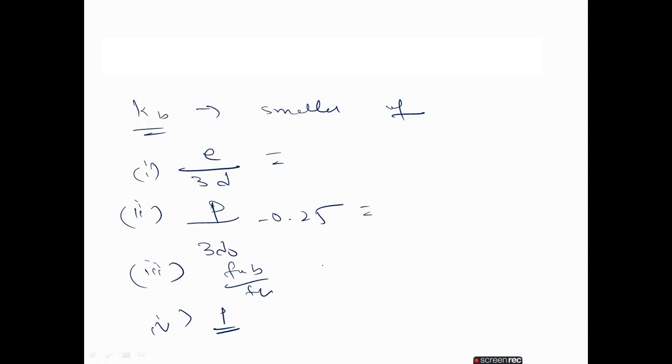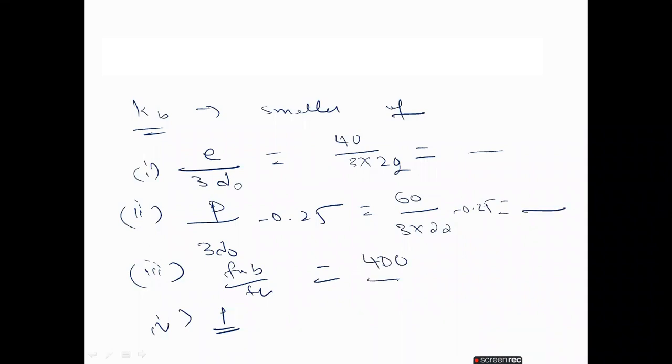If you substitute these values, the e value is 40 and the 3 d_0 value is 22. This d_0 is the diameter of the hole. So we will get some value here, and here also if you substitute, the p value is 60, the 3 d_0 value is 22, minus 0.25, you will get the value. f_ub and f_u are 400 by 410, you will get some value, and here one value is there. From all this, if you take the least value, you will finally get 0.606.